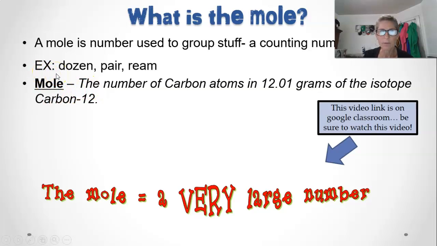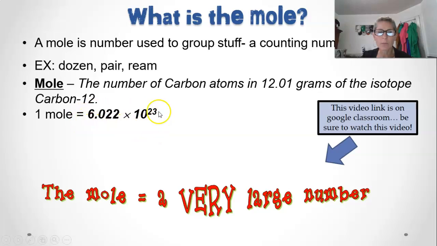And the mole is equal to 6.022 times 10 to the 23rd. So if I massed out 12.01 grams of carbon atoms, the amount of carbon atoms I would have is 1 mole, which equals 6.022 times 10 to the 23rd.